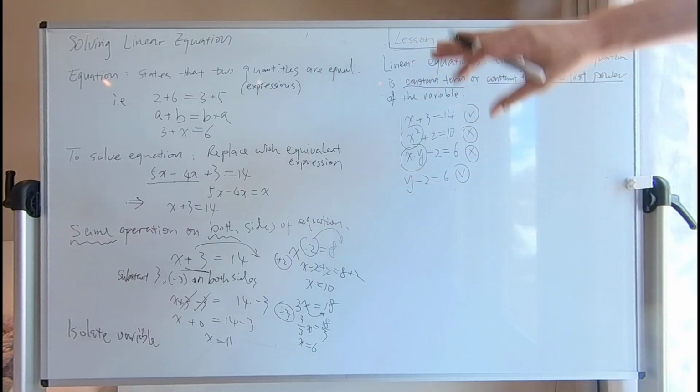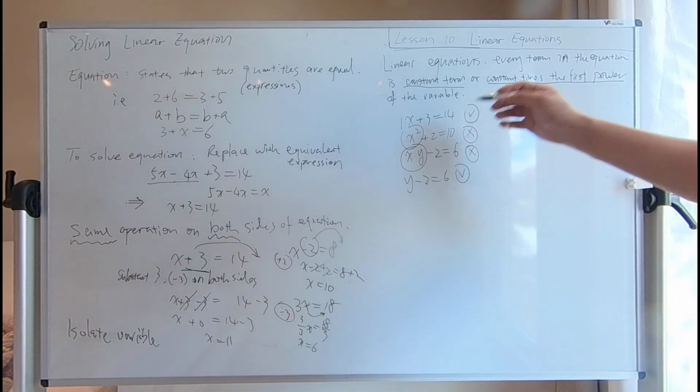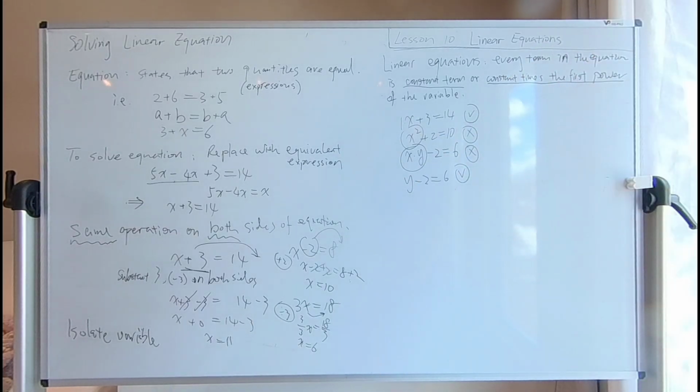And after that, the whole contents of this lesson will only focus on linear equations. Equations higher than the first power are called nonlinear equations. You will learn them in the future. They would be a bit more complicated than linear equations.